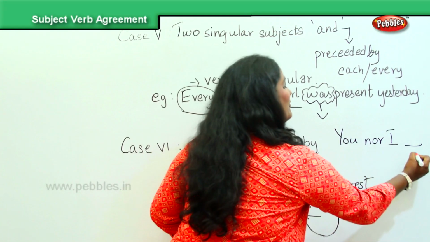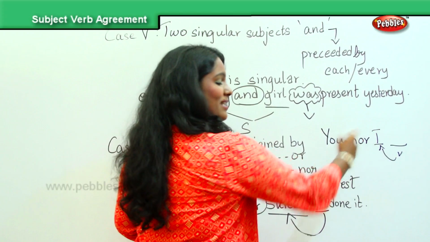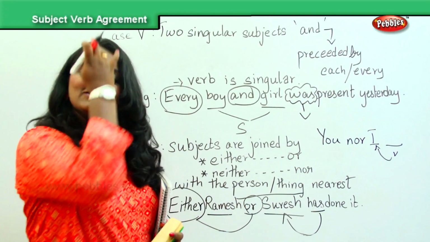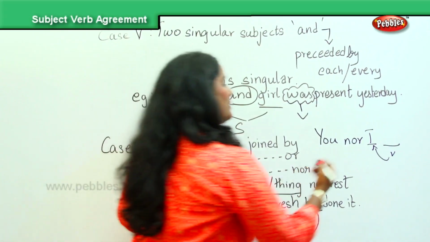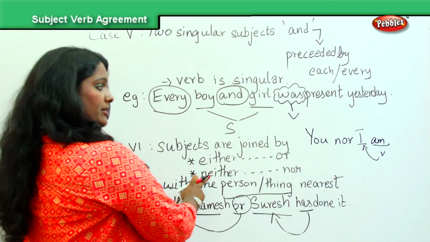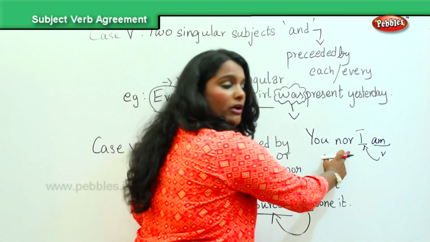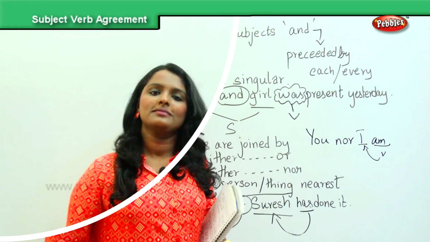No. My verb should be corresponding to the nearest subject. What is my nearest subject? I. So what do I say after I? I say I am, right? So my answer would be neither you nor I am responsible for it.